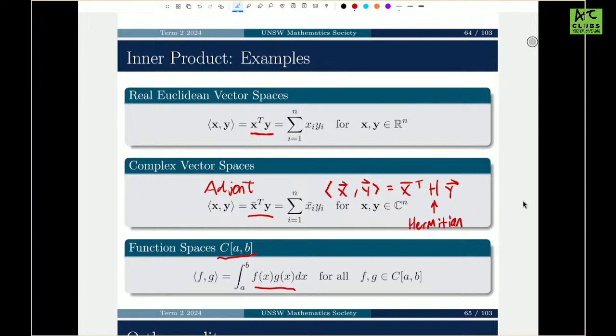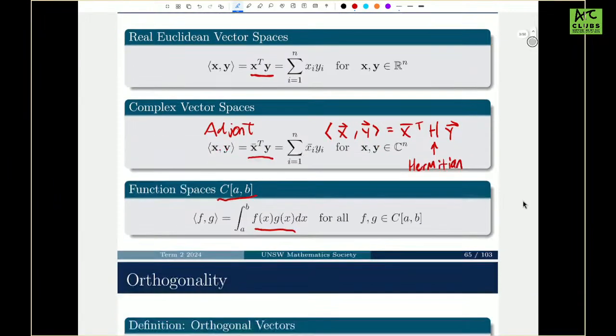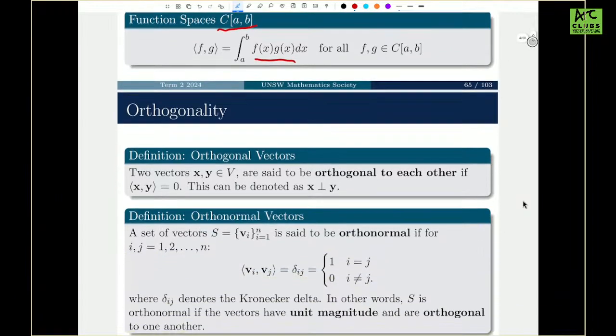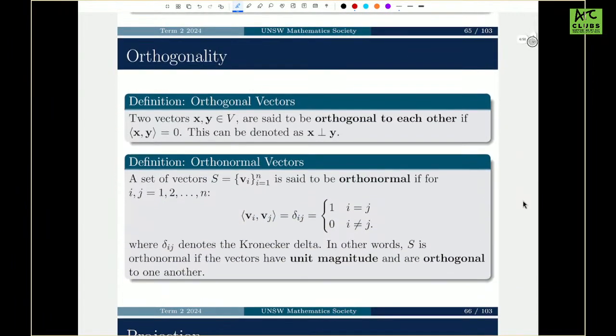I guess that's the real beauty of it. It's very generalized, in the sense that you can define any operation in any arbitrary way. So we have different types of inner products for different spaces that tell us different things.